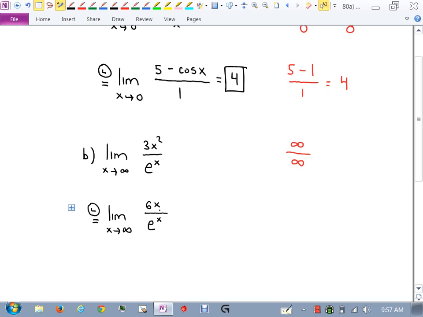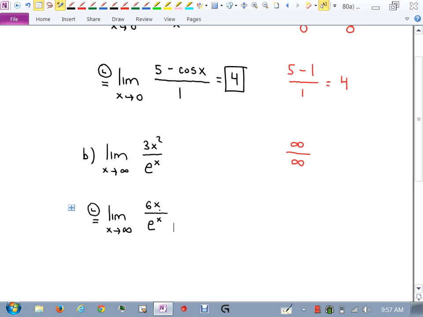If the original problem would have been 3x to the 1,000th power, then you would have done first derivative, and then you would have had x to the 999, and the bottom would be e to the x. That would still be infinity over infinity. And then you do it again and again and again. Every time you do a L'Hopital, the power on the top will come down by 1. So you wouldn't have to ever show that, but hopefully you understand that you could keep applying the rule.